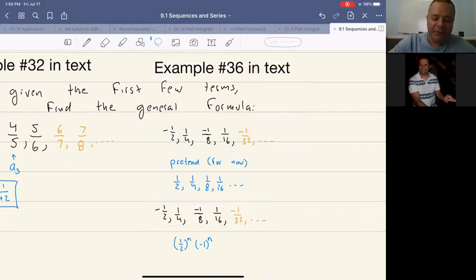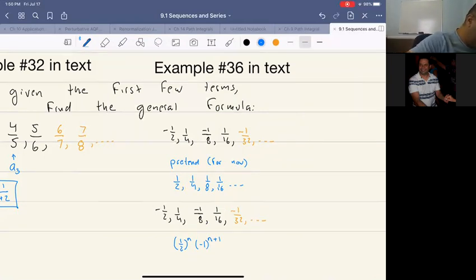Now, if I have negative 1 to the n here, what's going to be the first one? Well, negative 1 to the 1 is negative, so this would be negative 1/2. Oh, that's not going to work. So I'm going to put in a plus 1. I think that's what they do. They might put in a -1.